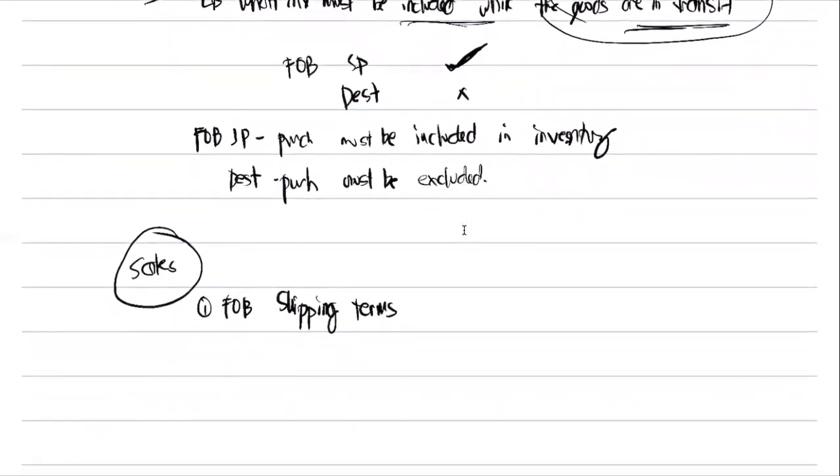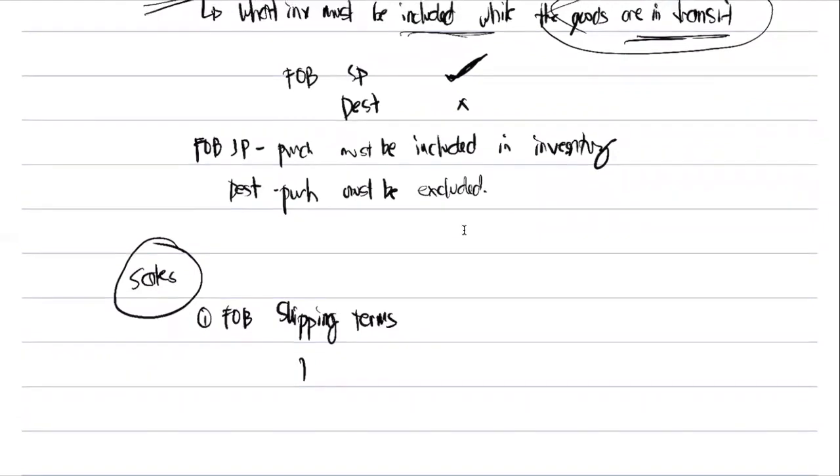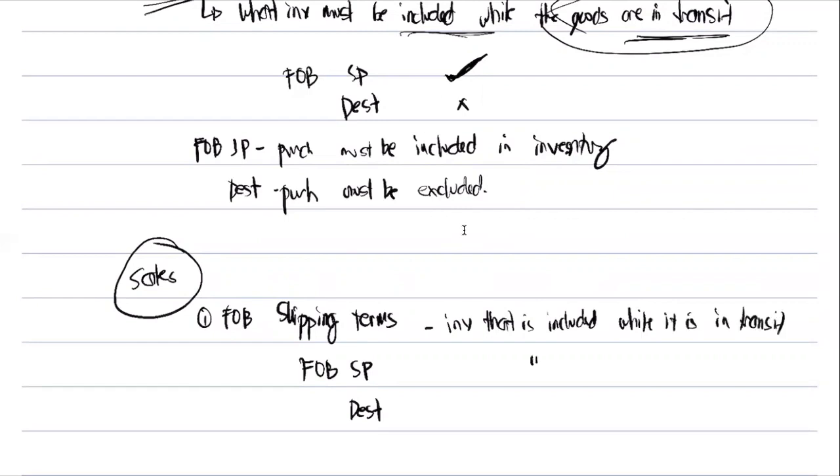Again, we have the two, FOB shipping point and FOB destination. So what do we need to determine here? We need to determine the inventory that is included while it is in transit in a sale transaction.